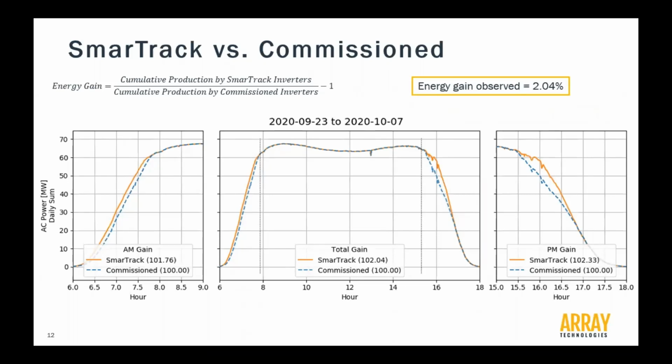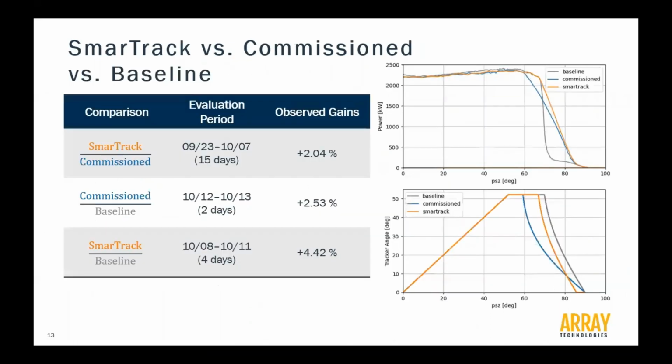This slide compares the power for inverters using SmarTrack backtracking in orange and the inverters using commission backtracking in blue. Again, it's our stance that this is the most representative metric for the SmarTrack gain, comparing SmarTrack to commission and not SmarTrack to baseline.